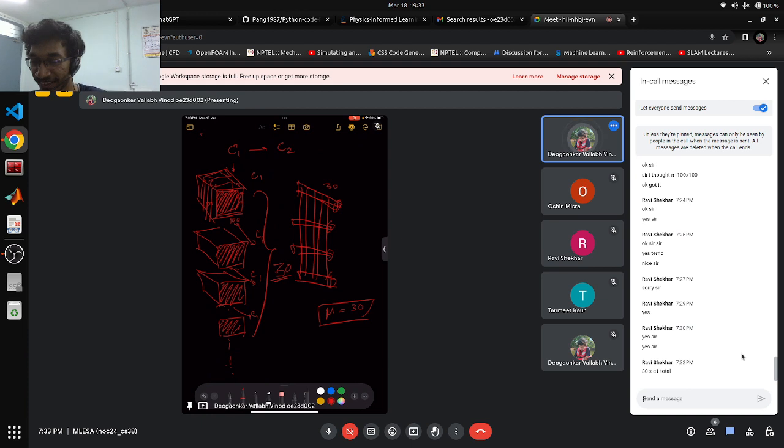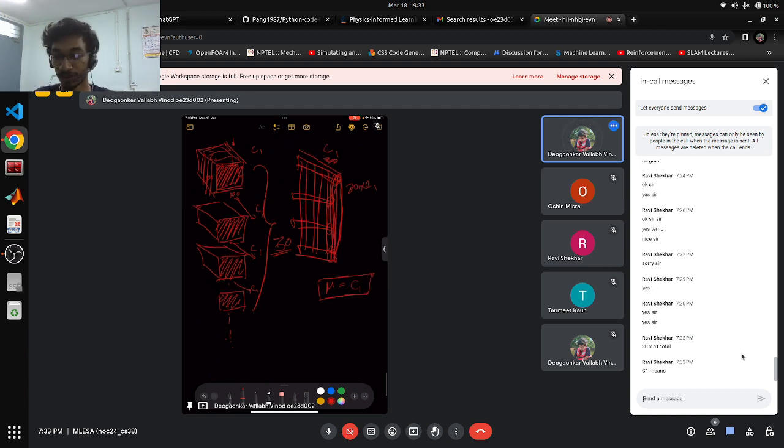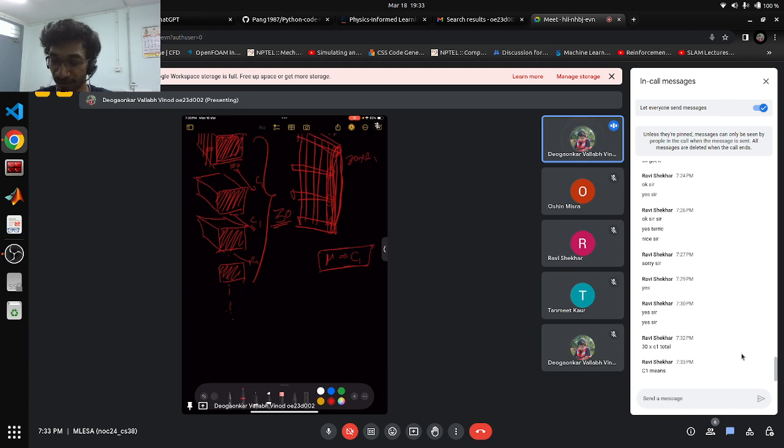No, sorry, not 30. The C1 size. There are 30 into C1 numbers here, but I'm taking the mean of these numbers, so I will have C1 such numbers. So my mu, the mean, actually consists of C1 numbers. C1 means, yes.